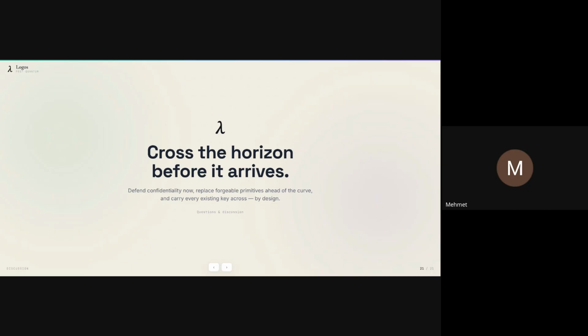But for example, if you want to do a software update, okay, you can use a hash-based stateful one, because probably in one year you do one or two software updates. But in our case, hash-based stateful is meaningless for us.